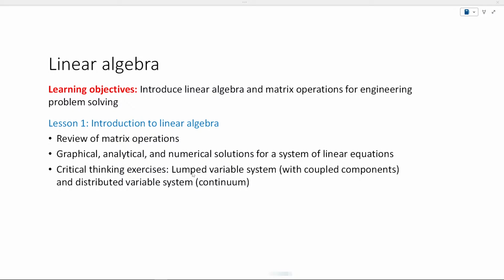And there could be several of them connected together. Versus a distributed system, which is distributed in space in X, Y, and Z, so it is not a black box. And we will see the difference between these two systems, a lumped system and a distributed variable system or a continuum, and we will see how to use linear algebra to solve these types of problems.